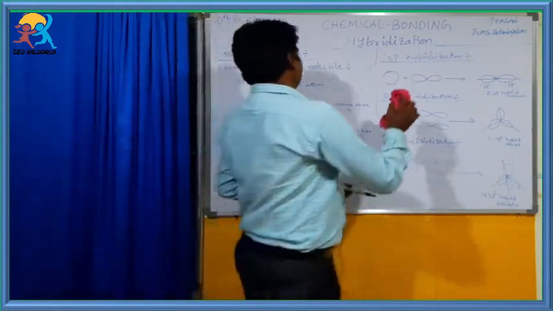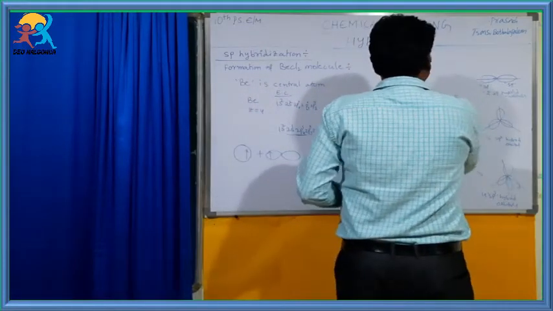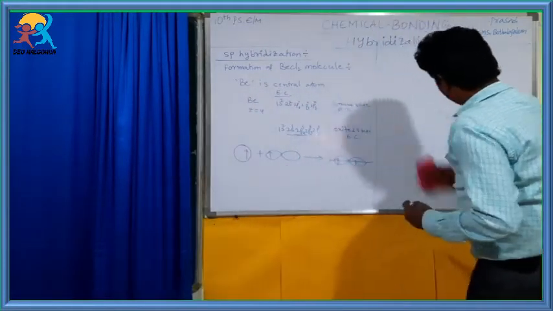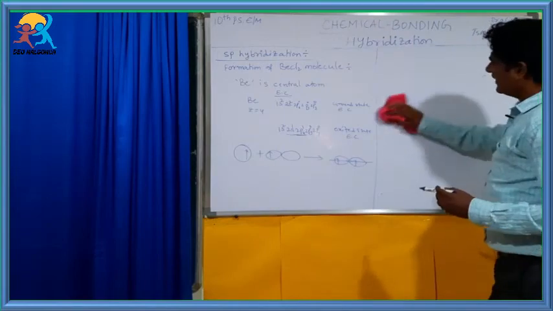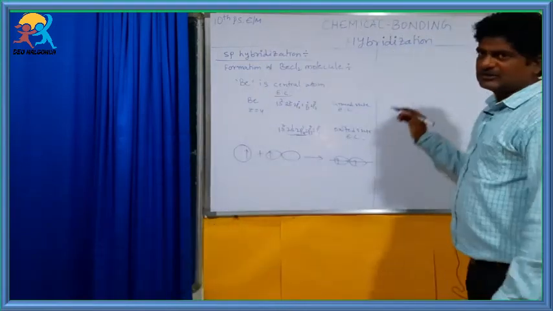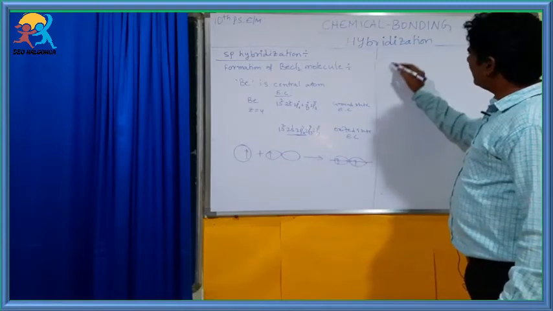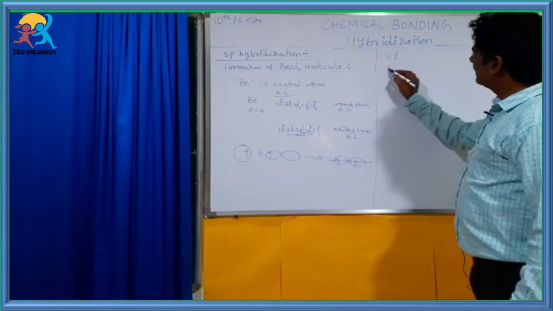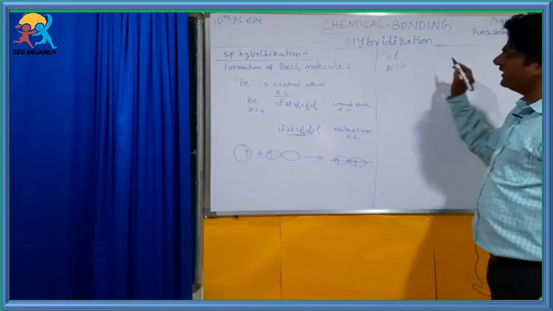Next, which atoms form bonds with the beryllium atom? Chlorine atoms. What is the atomic number of chlorine? Chlorine's atomic number is 17.